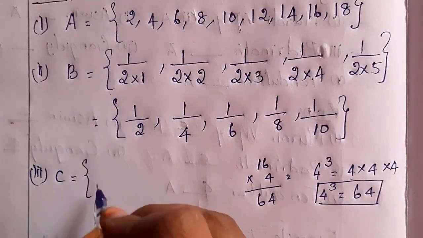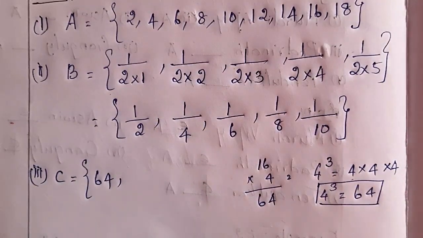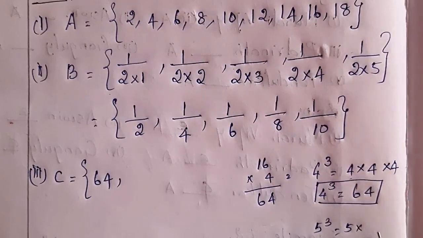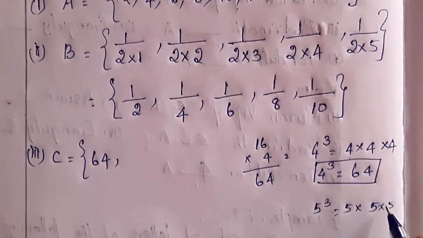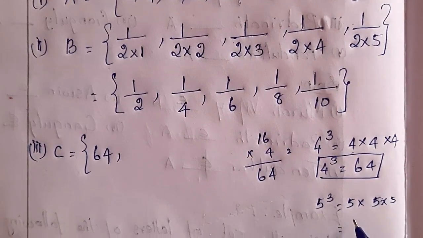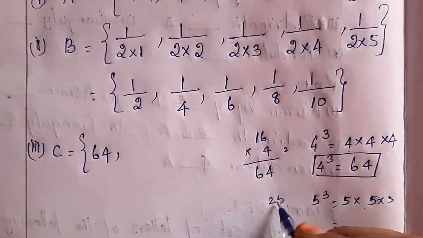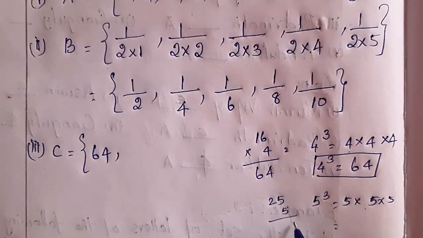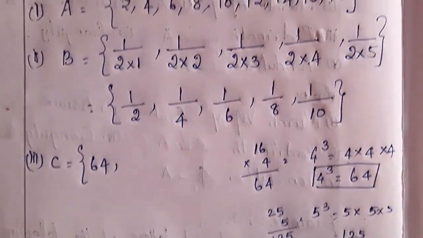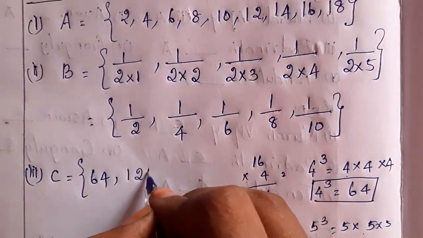So it is 64, comma, next 5 cube value: 5 into 5 into 5. 5 5s are 25, then 25 into 5 is 125. So the next number is 125.